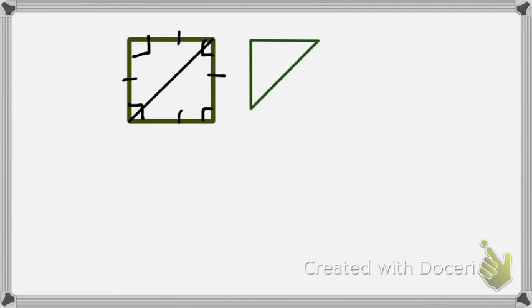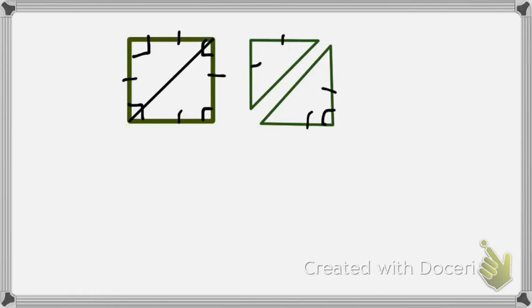We have this right triangle right here, and the other right triangle right there. Now I know that they're not exactly the same size, but we're going to pretend that they are.